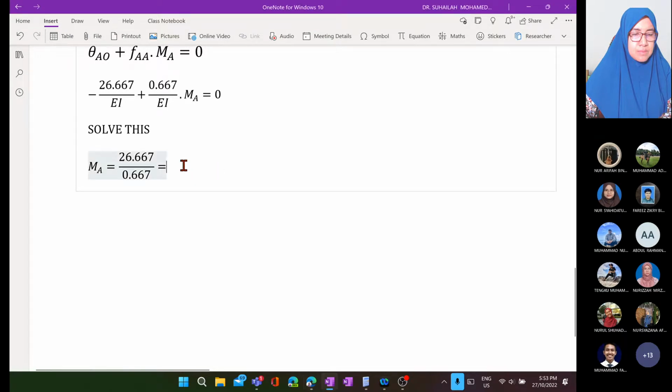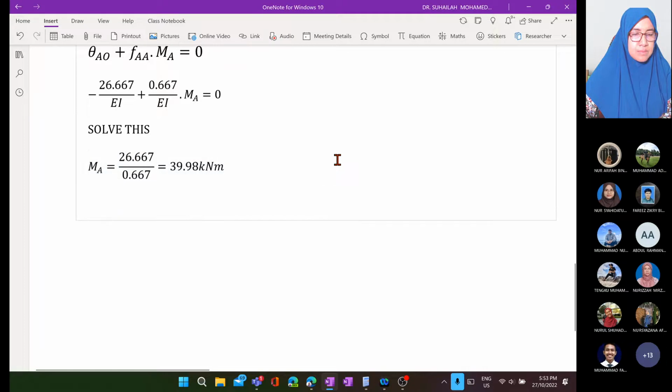Correct. Okay, 39.98 kilo Newton meter, because it is moment.